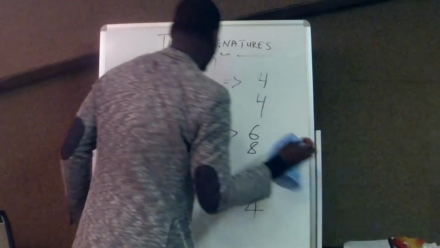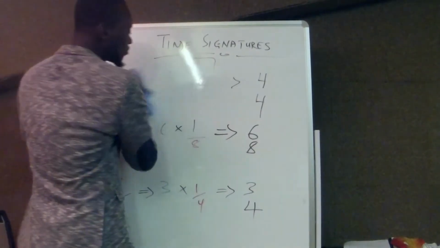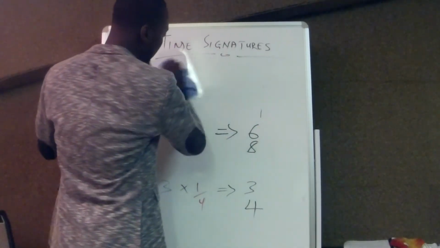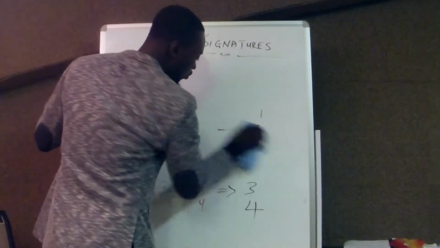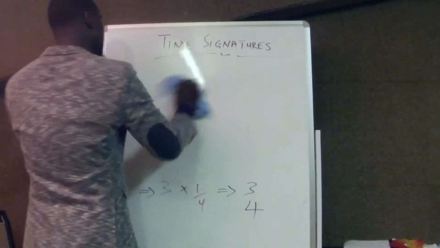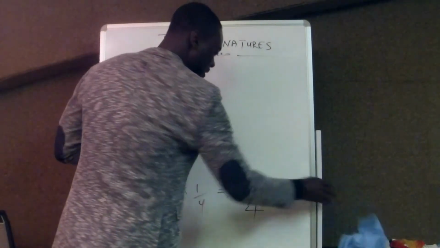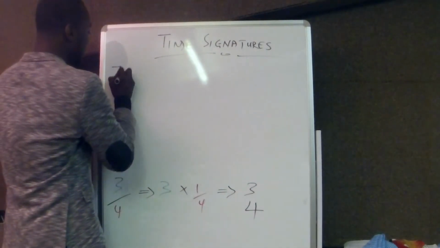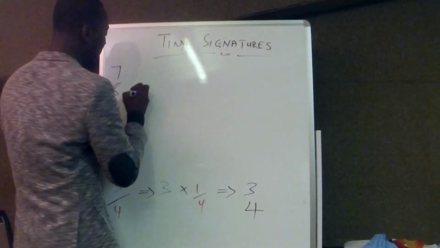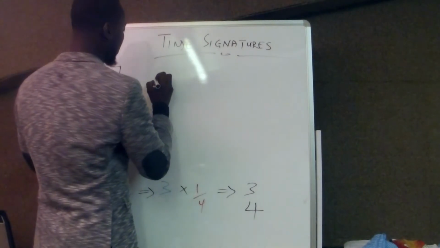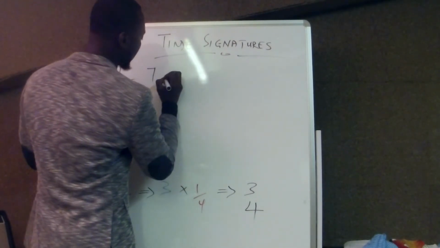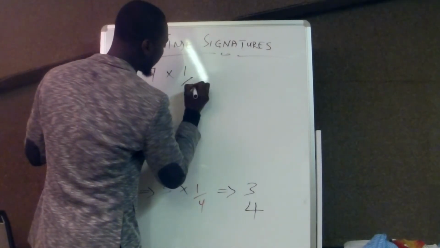So if someone came up to you and asked, what is a 7/8 time signature? What would you say? You can easily write it down and break it down into 7 times 1/8.